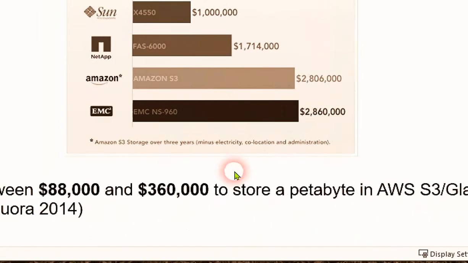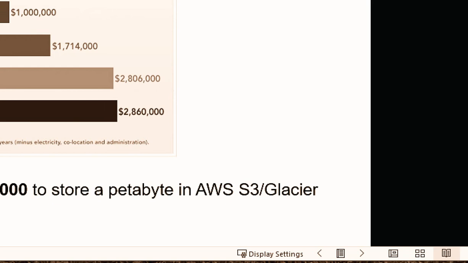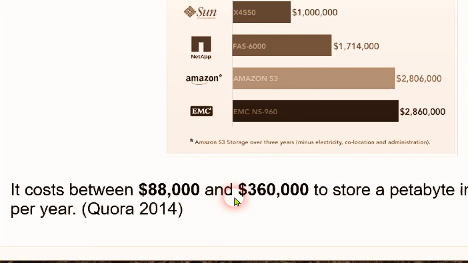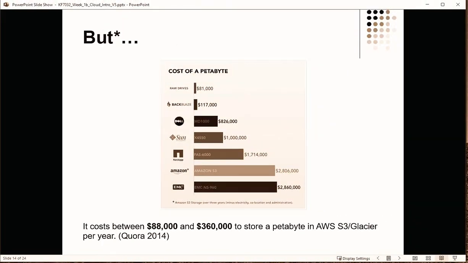But that same petabyte you could store in their long access service, which is Glacier, which isn't instant access. You might have to wait 24 hours to get access to the data, but that would cost much more reasonable, between $88,000 and $36,000. Of course, it doesn't seem particularly reasonable if you're on a student budget, but we're talking enterprise software here.